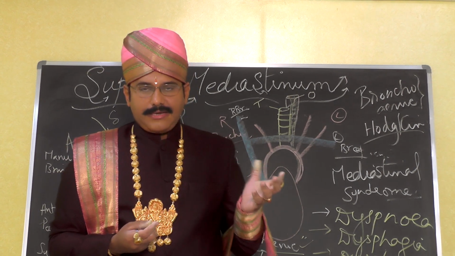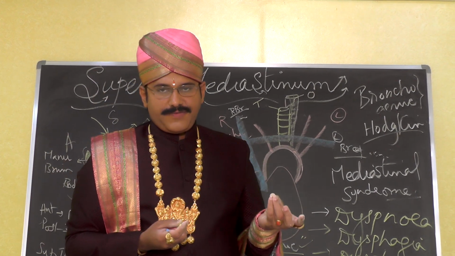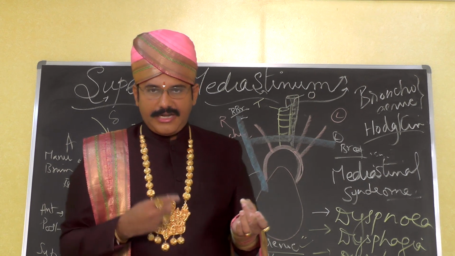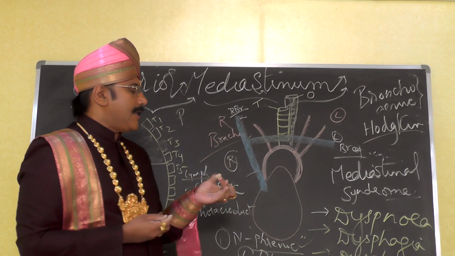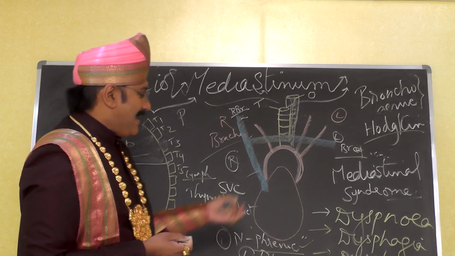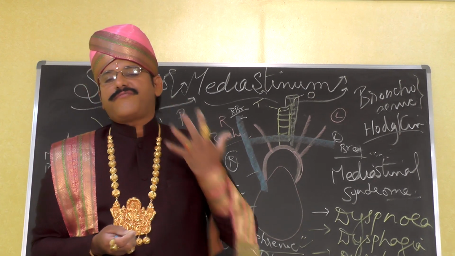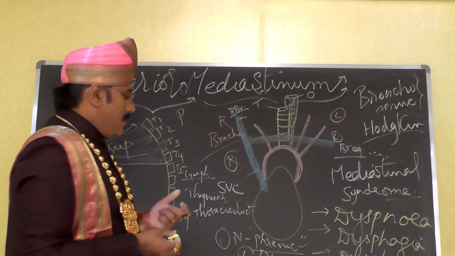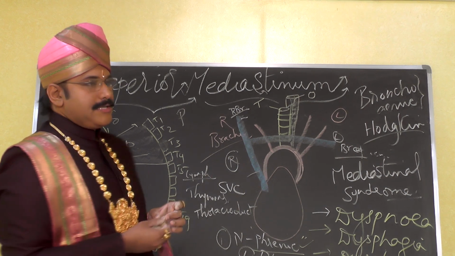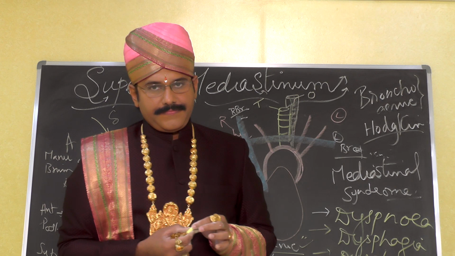And this can start compressing the trachea, causing dyspnea, compressing the esophagus, causing dysphagia, difficulty in swallowing, compressing the recurrent laryngeal nerve, causing dysphonia or hoarseness of the voice. And when it compresses the superior vena cava itself, it is going to cause dilatation of the veins of the face and the region of the neck. And also if the phrenic nerve is compressed, it will cause problems with the movements of the diaphragm.